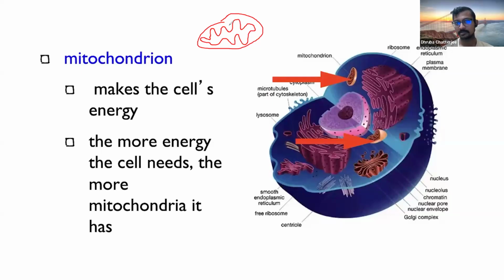Which eventually use the electrochemical H plus gradient that is generated because of the electron transport chain to form the ATP, right? Basically to phosphorylate, to join one phosphate to ADP to form the ATP, which is the energy currency of the cell.